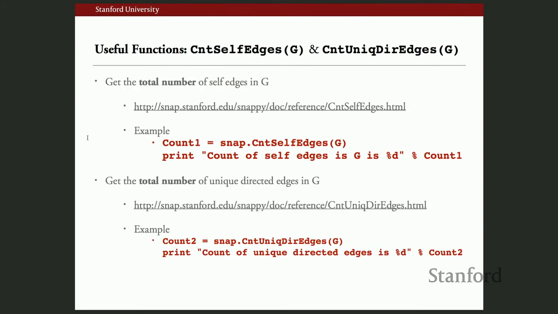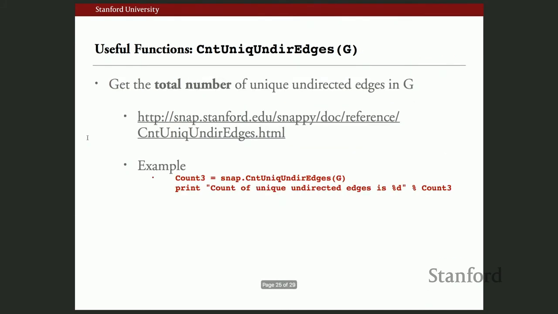Self edges could be applicable in an undirected graph, but unique directed edges is only relevant in a directed graph. Unique undirected edges is also mostly important in a directed graph. It means the number of pairs where either AB is in the graph or BA is in the graph.